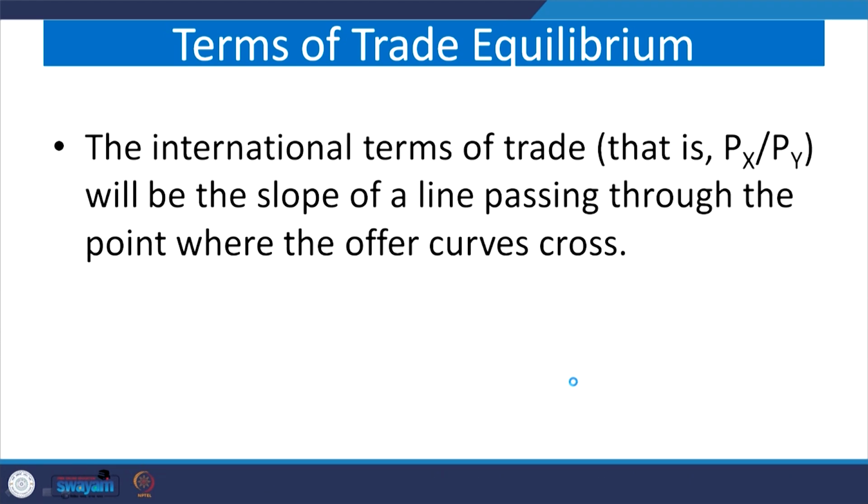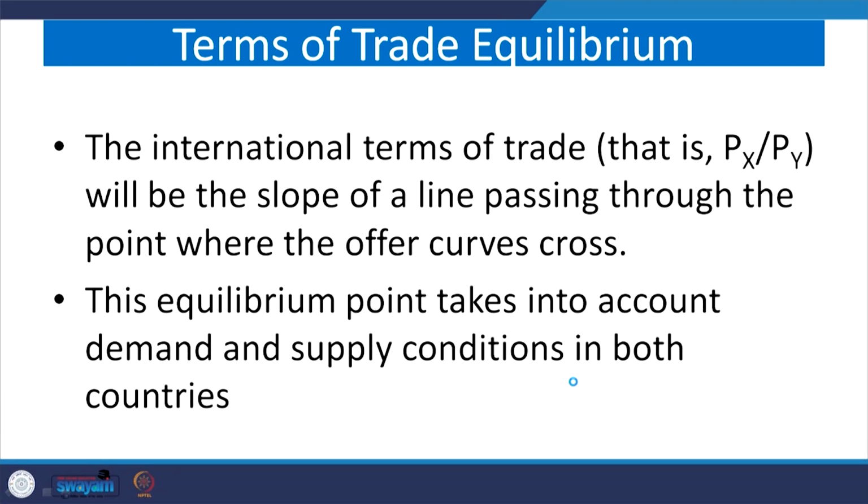So, let us come back to the understanding of equilibrium. The international terms of trade, that is Px by Py, will be the slope of a line passing through the point where the offer curves cross.